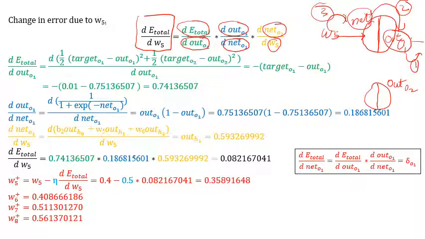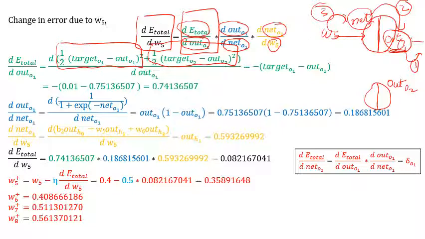One by one, let's first calculate only this term: the derivative of the total error with respect to out one only. As you know, the total error has two terms, term 1 and term 2.